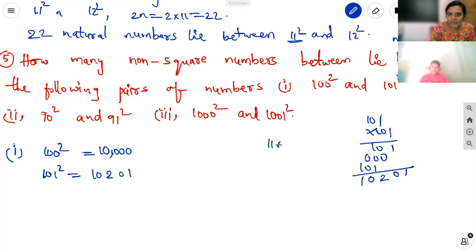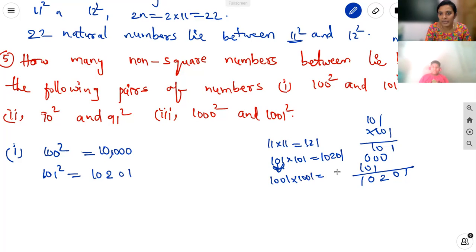Why? Because 11 into 11 is 121. If 101 into 101, the 1 between, how many zeros are there? In between also, each and every digit follows that pattern. If 1001 into 1001, that is 1002001, like that. Okay. The relation is like that.